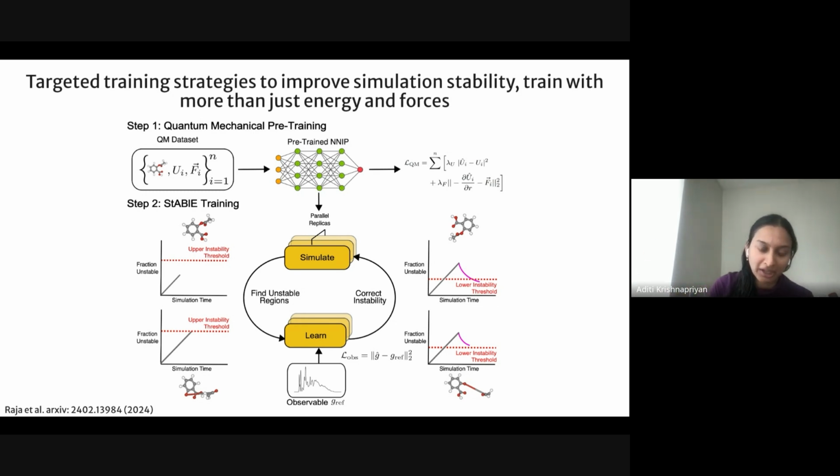And then, if you formulate this in a specific differentiable way, using some concepts from implicit differentiation, you can train the whole thing end to end so that you don't have to backpropagate through all of the simulation steps that you unrolled out when you ran these simulations. And this essentially allows you to correct some of those failure modes and also explore the potential energy surface in a different way beyond just energies and forces.